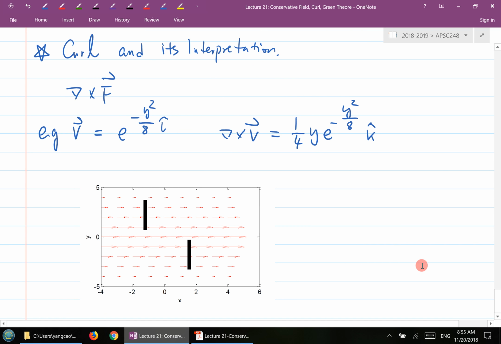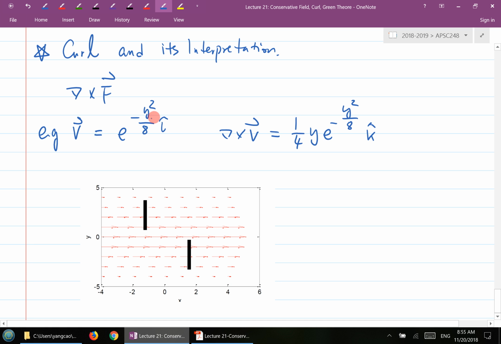So these red arrows here represent this vector field. In the middle of the y-axis, when y equals 0, you get the maximum length of the arrow, and when y goes beyond 0 to negative infinity or positive infinity, the arrow becomes smaller and smaller.